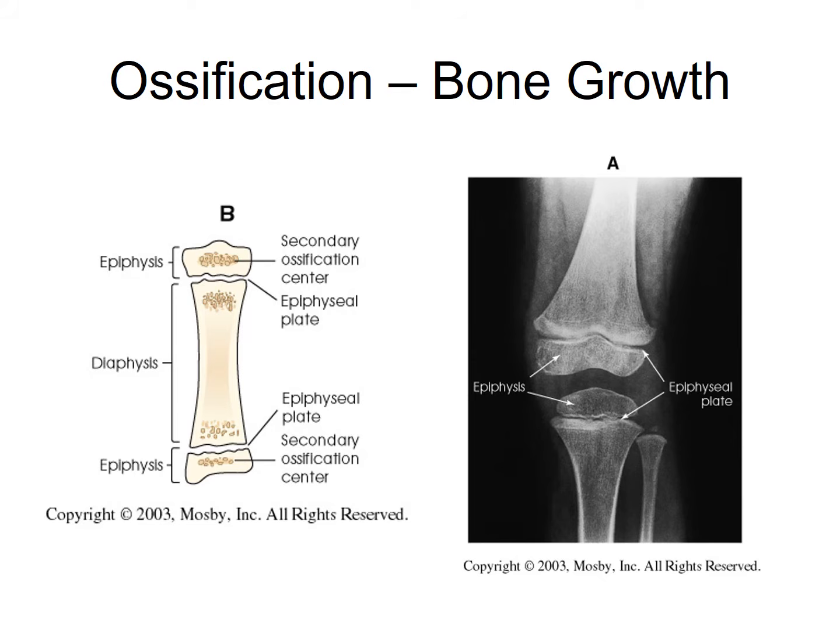It almost looks like a break, where one part of the bone is broken off from the shaft, or the body, of the rest of the bone. But that's normal. This is a child. This is an epiphyseal plate. Now, if you saw something like that in an adult, there'd be something majorly wrong, because as adults, our bones are grown, we're fused together. But these are the growth plate areas for children.